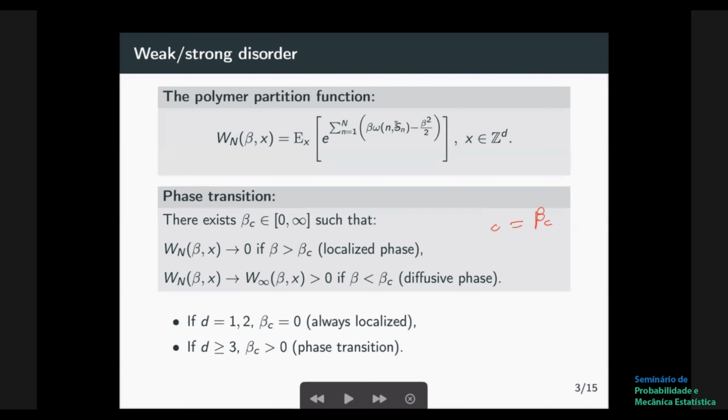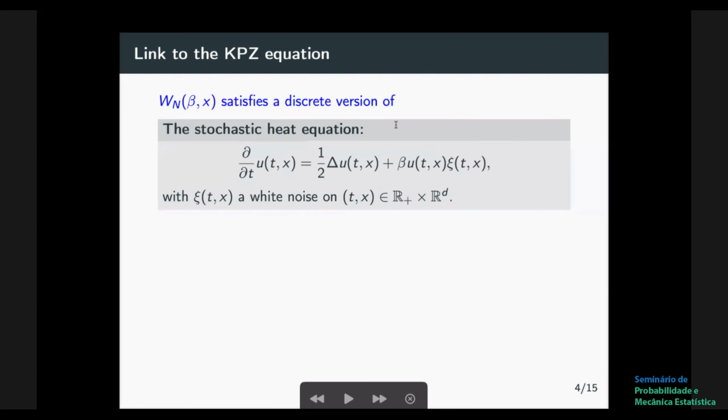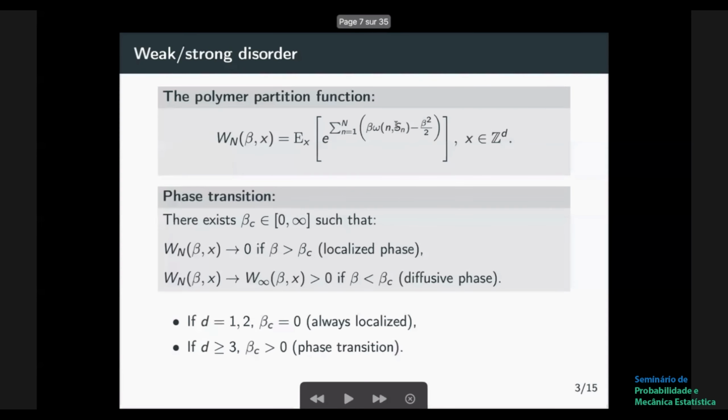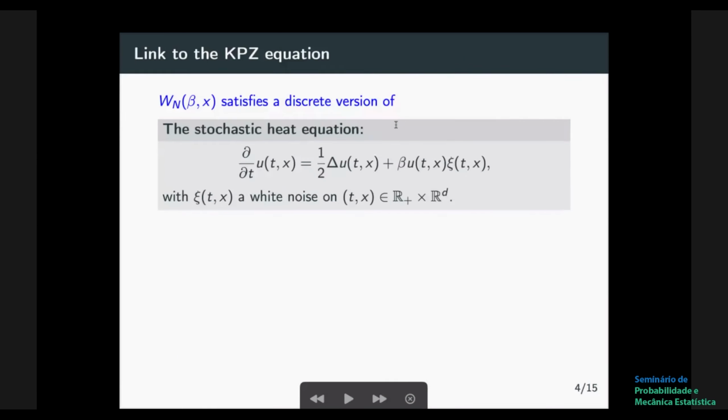There are interesting links with SPDEs. In fact, this Wn(x), which I define here with also dependence on the space, where you can think of n as a time, is, up to some reversal of time in the environment, a discrete model for a stochastic equation. You can also construct a continuous model of polymers, which will also act as a stochastic equation, a diffusive one.